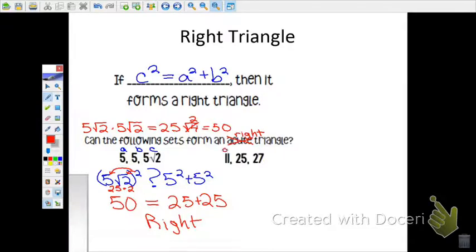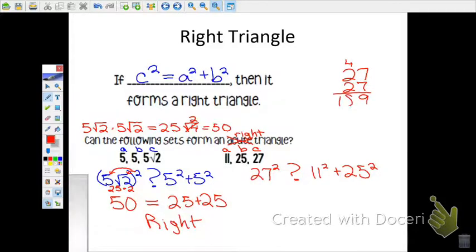When I look at the next one, I've got 27 squared, question mark, 11 squared, and 25 squared. 27 squared, that's not one that we need to memorize, but we can multiply it out. So 729.